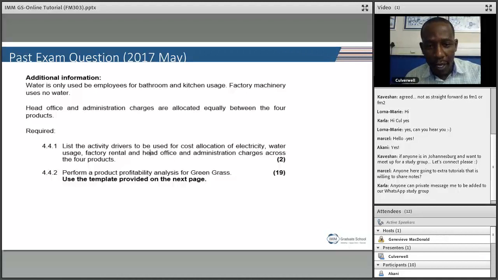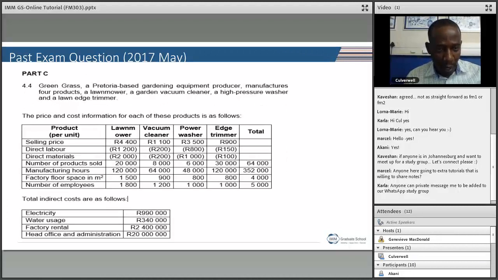So they want you to find out what you are going to use to allocate your cost towards electricity, water usage, factory rental, and head office and admin charges. If I flip back to the question, my first table has the number of products sold, manufacturing hours, factory floor space in square meters, and number of employees.